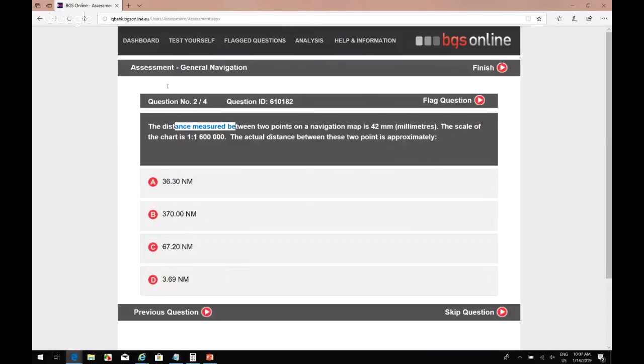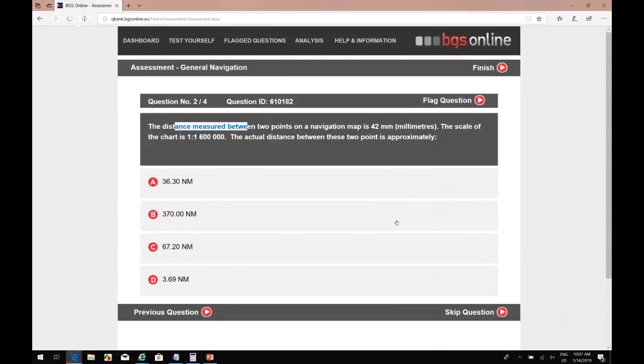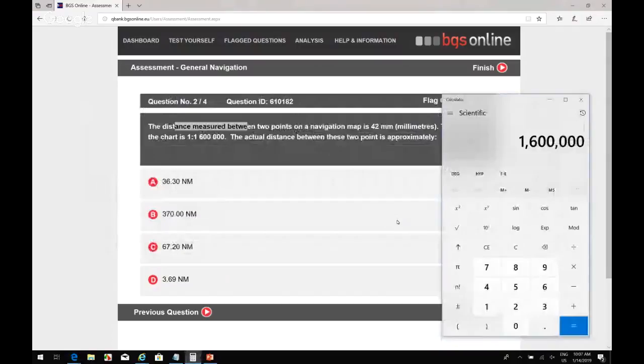The distance measured between 2 points on a navigation map is 42 millimeters. Oh yeah, we saw this one before, so let's do this again. So we've got 1,600,000. What's that, centimeters? Is that millimeters? Let's just assume it's centimeters. We'll multiply that by 42.